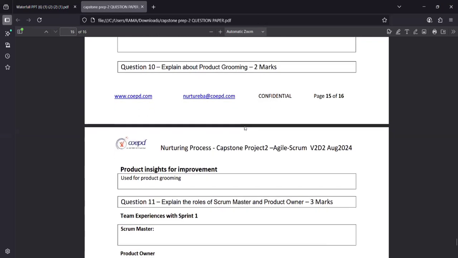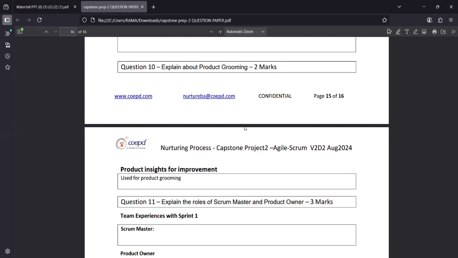So let us know the next question: explain about product grooming. What is product grooming? We can also call it backlog refinement. Product grooming is a regular meeting where the product owner and development team review and update the product backlog.